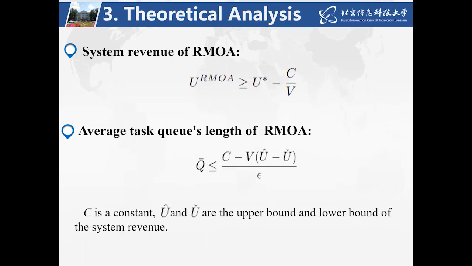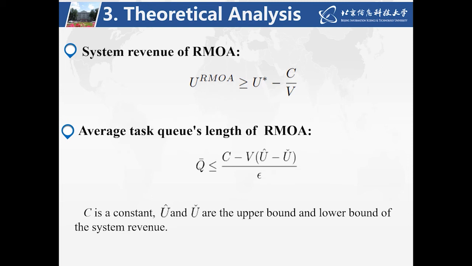On this page, we give the system revenue and the queue backlog of RMOA. For the system revenue, we can see that the upper bound of our algorithm increases with the increase of V, and by increasing V, our algorithm can approach the maximum system revenue.